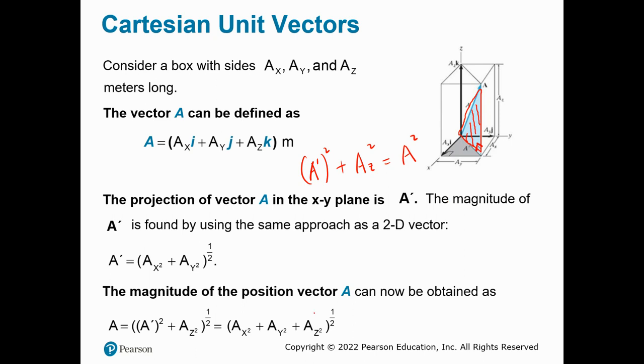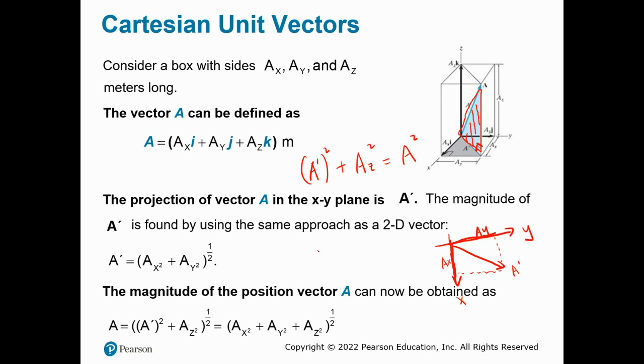Same thing for the xy plane. Let me draw it in 2D notation. There's your x, there's your y. Here's my A prime. A prime projected onto y is this part from here to here, and Ax is this part right here. That is the bottom one projected into the 2D diagram.